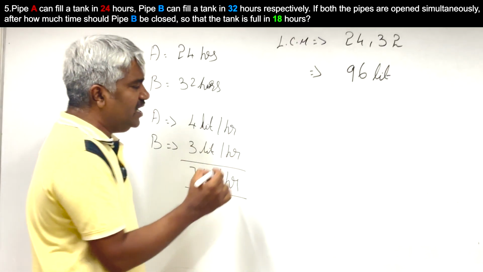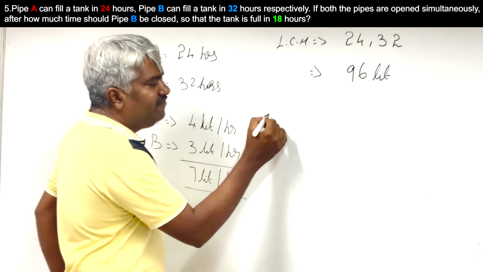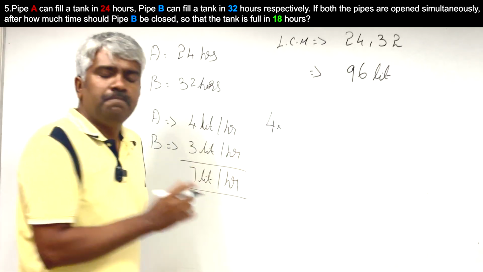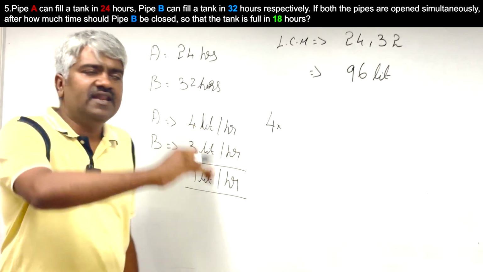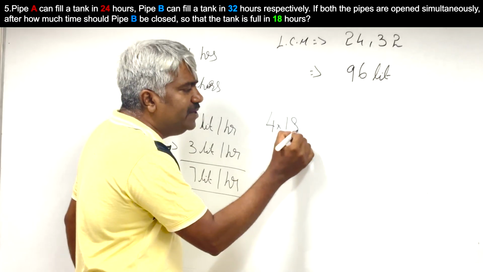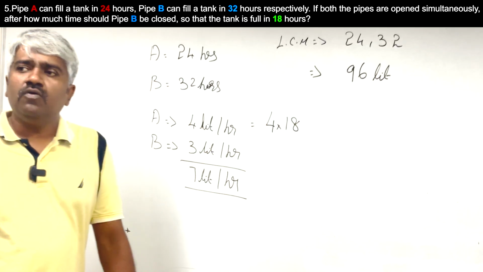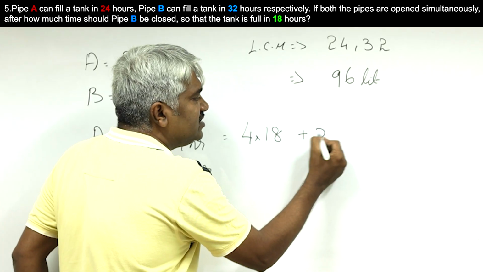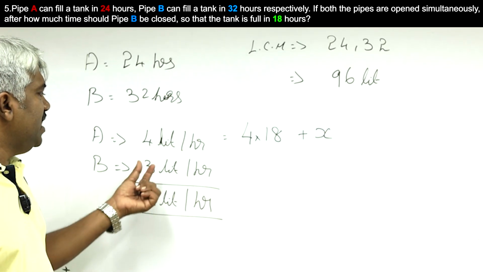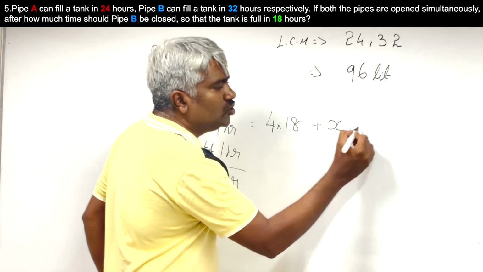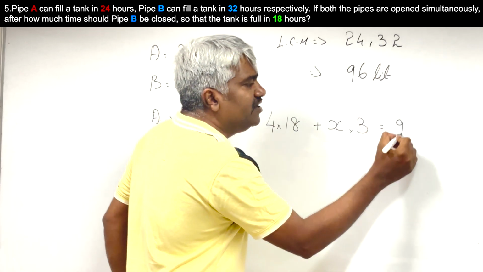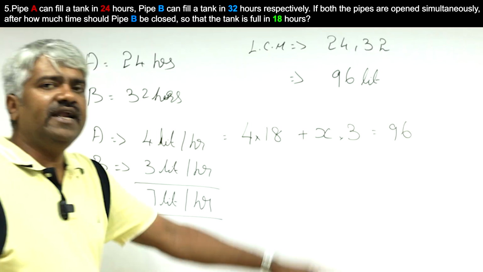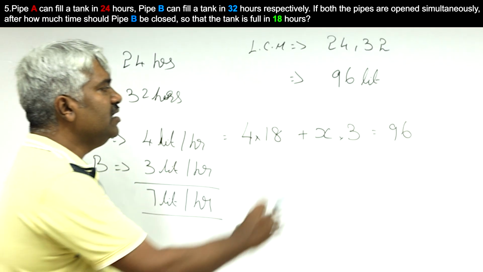So, pipe A will fill 4 liters per hour, but for the whole 18 hours, pipe A will be open. Now, the time for which pipe B is open is X. Pipe B will fill 3 liters, so 3 into X, which will give you 96. 96 is the total capacity of the tank.